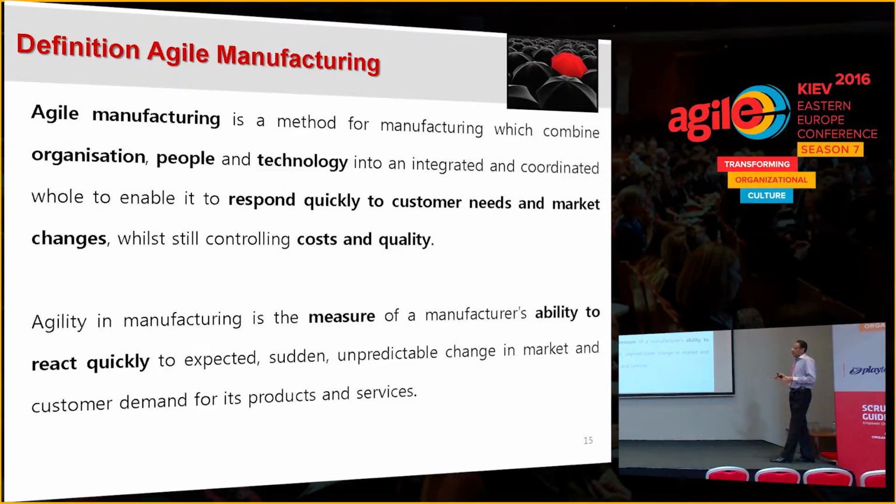At the same time, they have to keep the cost low and the quality high for the products. So we can measure agility as the ability of the company to react and respond very quickly to changes in the markets and customer demands, while at the same time continuing to make a profit.